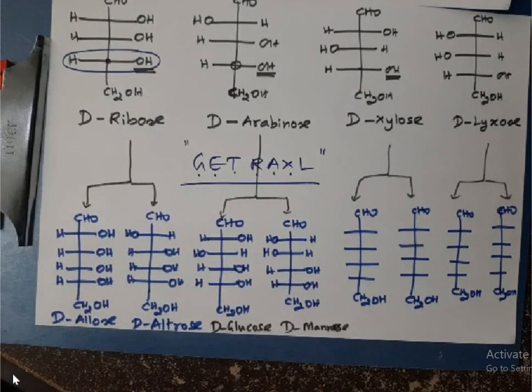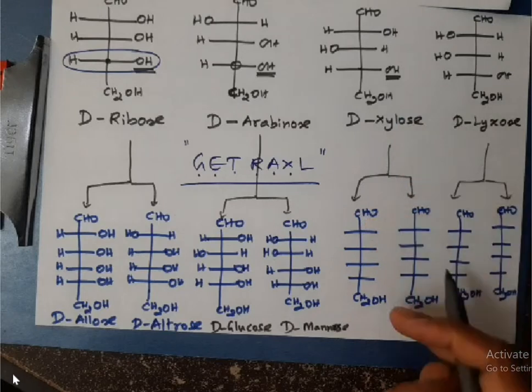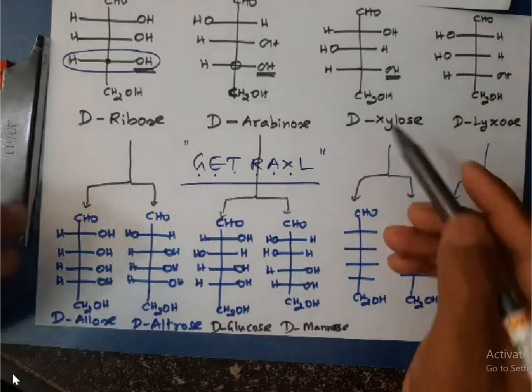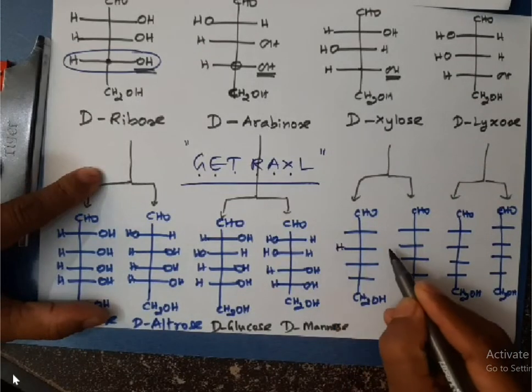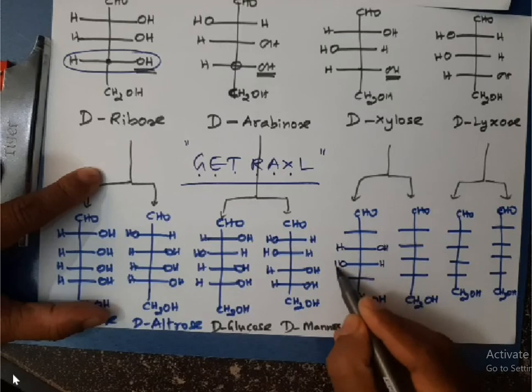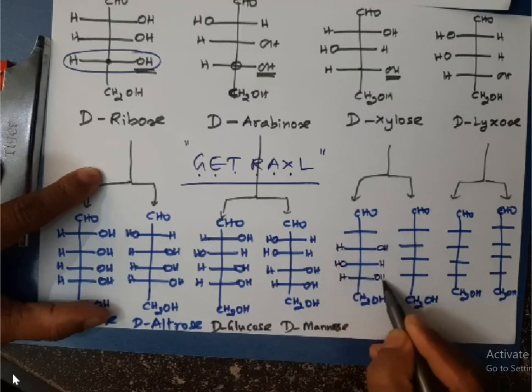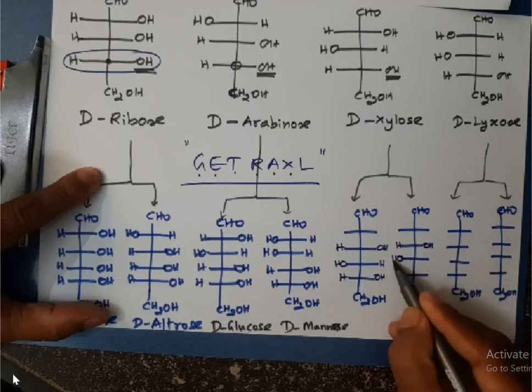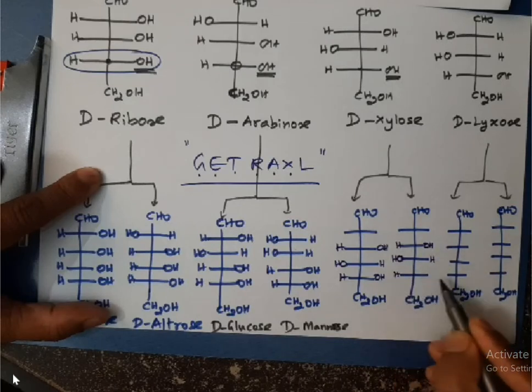D-glucose, D-mannose. Then from xylose we have 2. Let me keep the structure as such. H, OH, H, OH, H, OH. Similarly here H, OH, OH, H, H, OH.